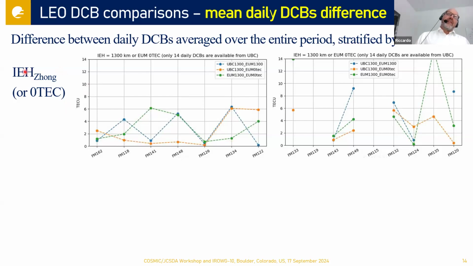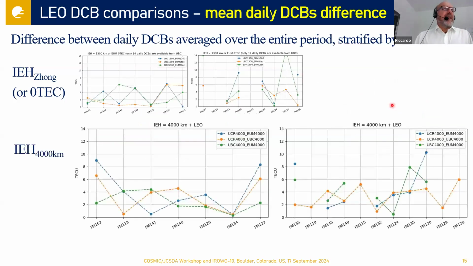So in case we are using the least square solution for ionospheric effective height of 1,300 kilometers or zero-tech, the agreement between all the solutions that we get and all the centers is below, let me say, 6 TEC units, except for some strange satellites, where things are getting crazy.